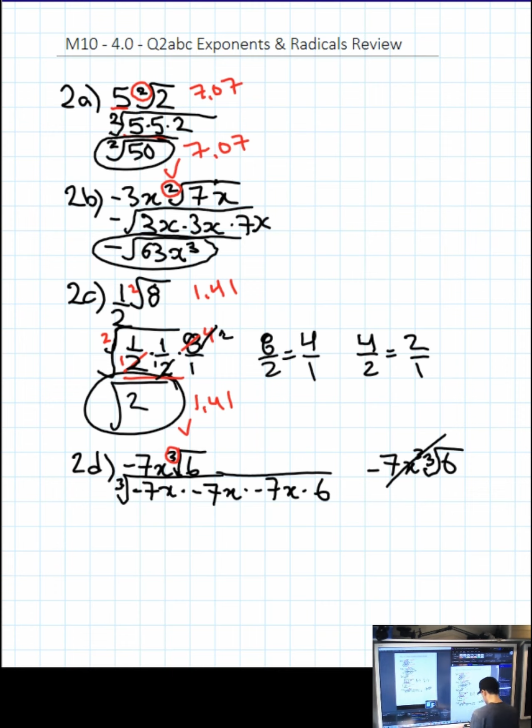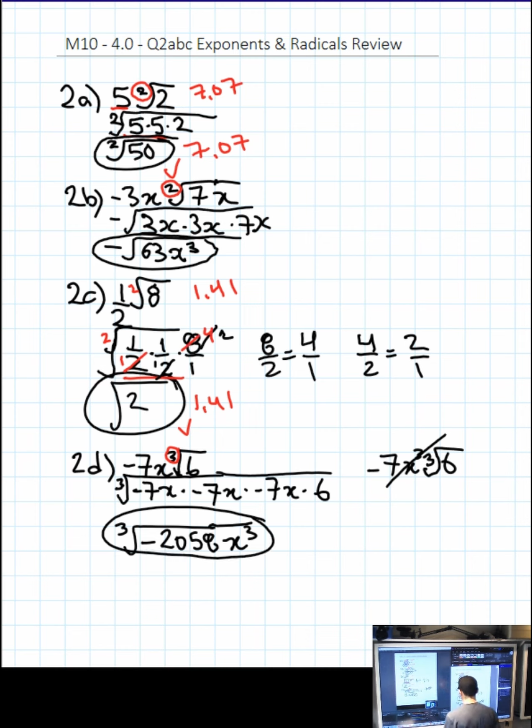So on our calculator, 7 times, first of all, cube root, a negative times a negative times a negative is a negative. 7 times 7 times 7 times 6 is 2058. And x times x times x is x cubed, and I'm going to extend my root. Circle our answer.